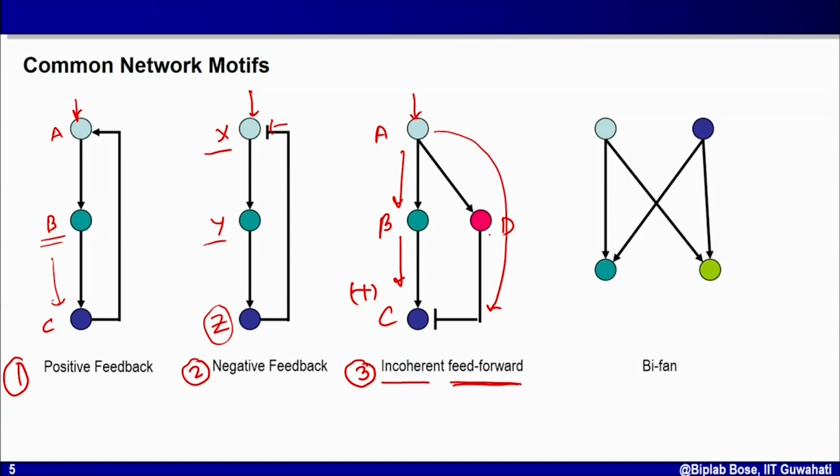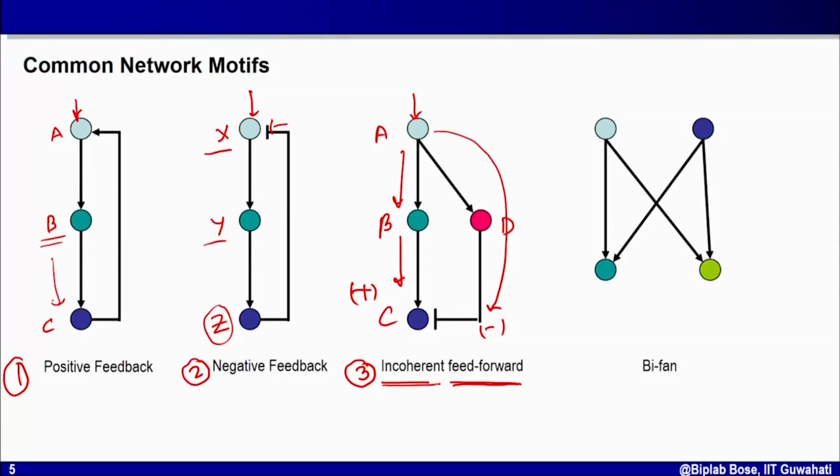Whereas A to D and then eventually C, this path is a negative path. It is telling C, no, don't get activated. So C is controlled by two paths originating from A. One is telling it to get activated, the other one is telling it to get deactivated. So it is incoherent. That's why it is called incoherent feed forward.